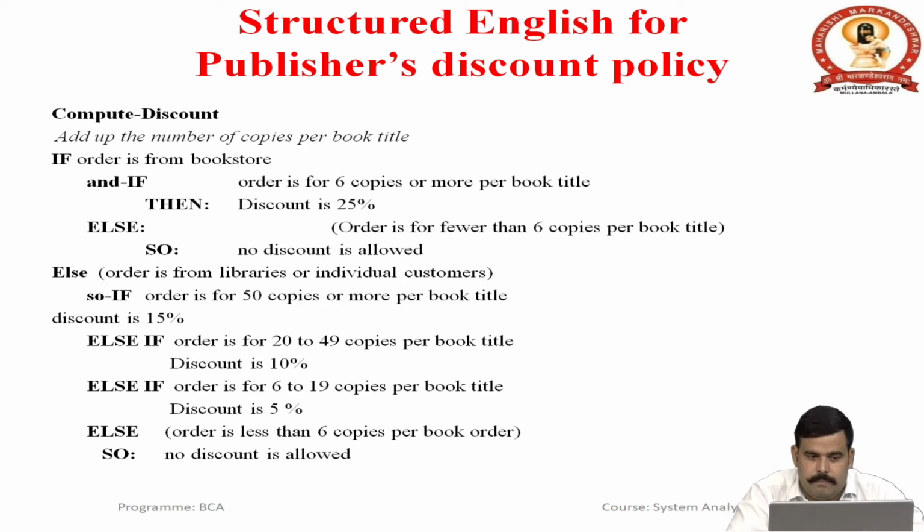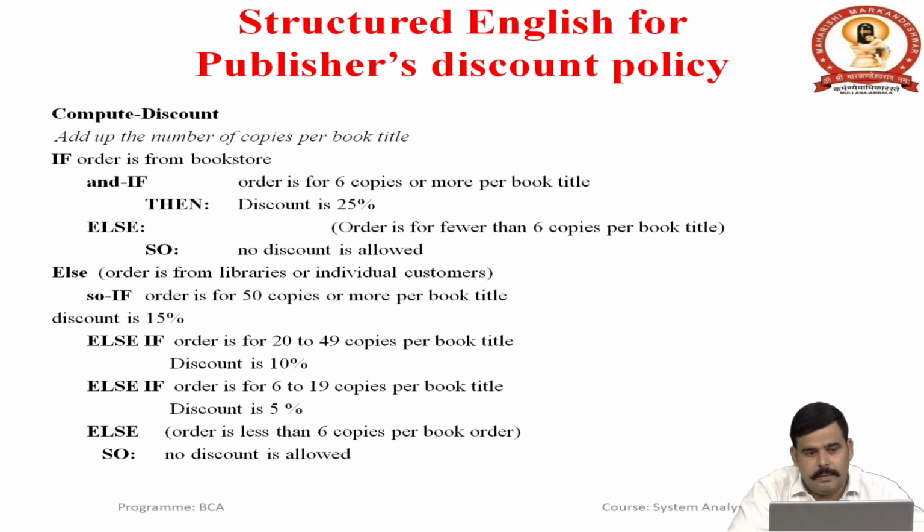Else if the order size is from 20 to 49 copies per book title, then the discount is 10%. Else if the order is for 6 to 19 copies per book title, the discount will be 5%. Else the order is less than 6 copies per book title, so no discount is allowed.